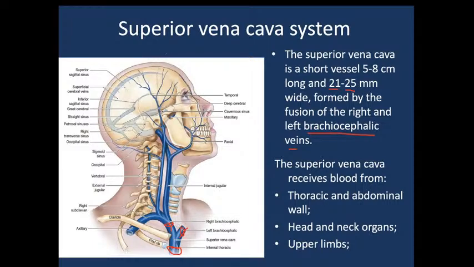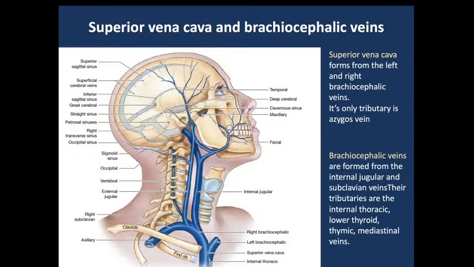Of course, it is the collector for the blood from the head and neck organs and from the upper limb. Here are visible veins from the upper limb, and here veins from the head and neck organs.